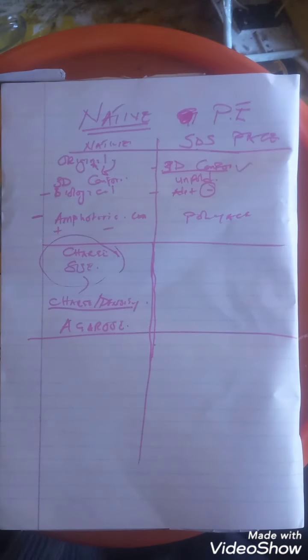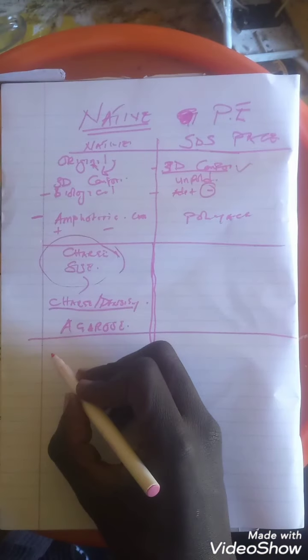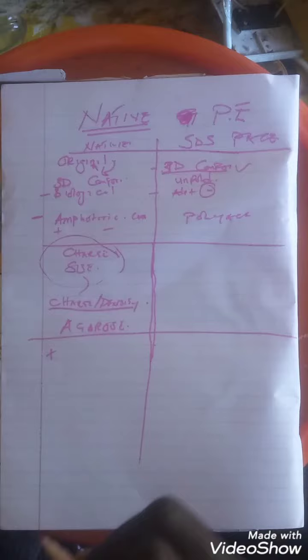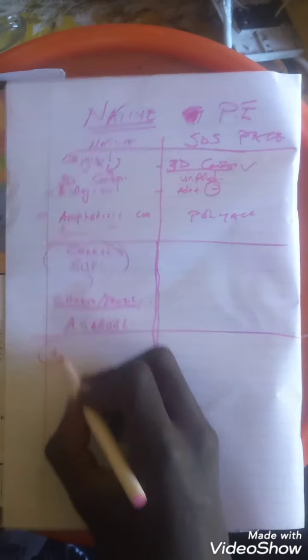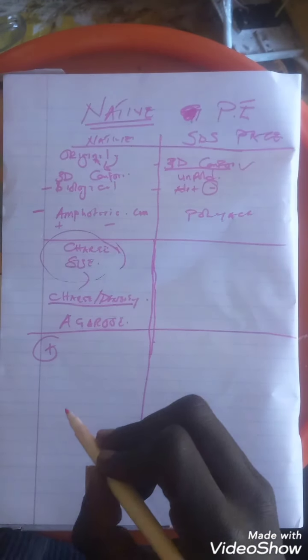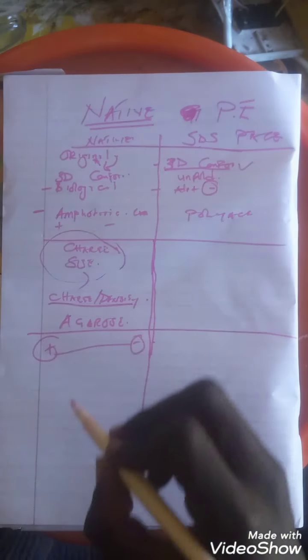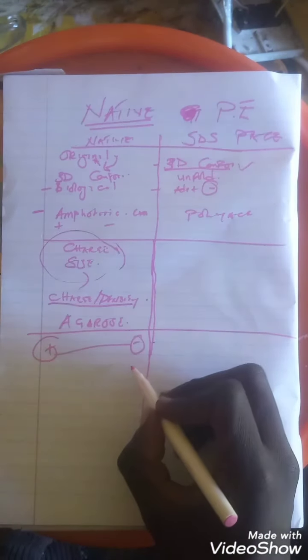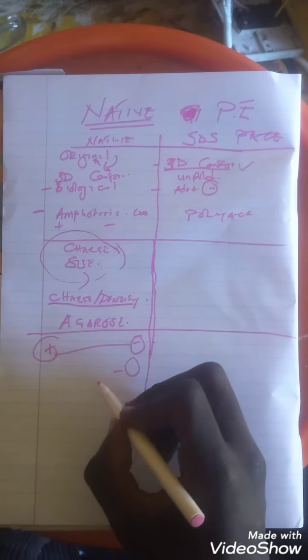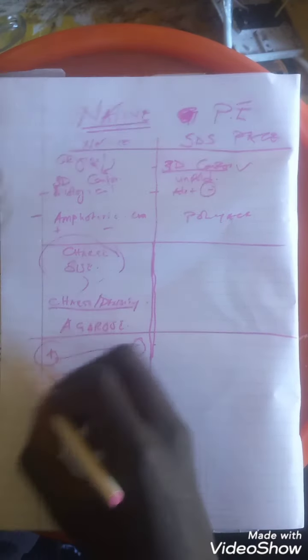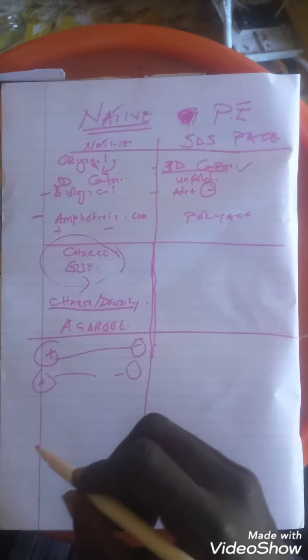As we all know, if a protein molecule has a net positive charge, when an electric field is applied, we expect it to migrate to the negative electrode. And when it is negatively charged, we expect it to migrate to the positive electrode.